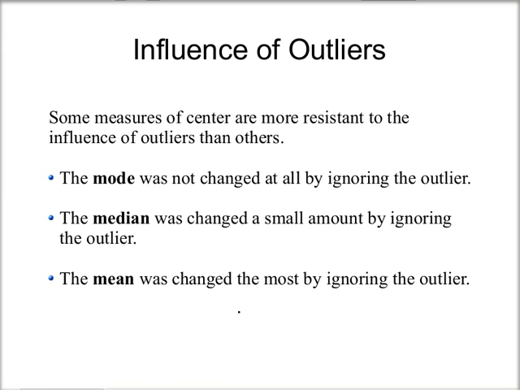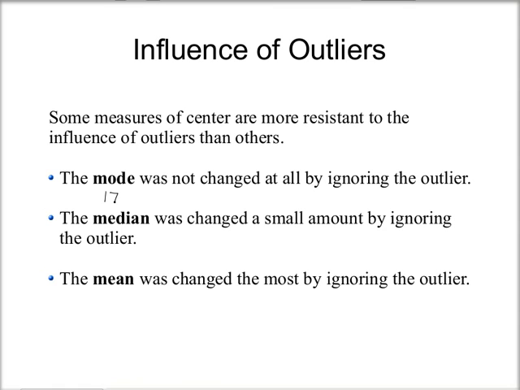So let's just summarize what we saw here in terms of outliers. Some measures of center are more resistant to the influence of outliers than others. So notice we had the mode that didn't change at all by ignoring the outlier.